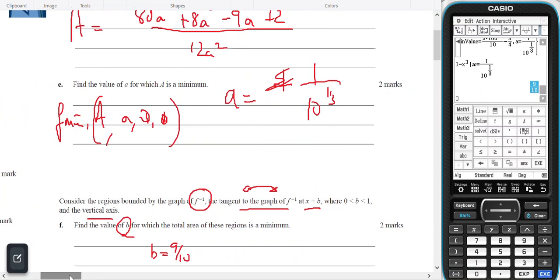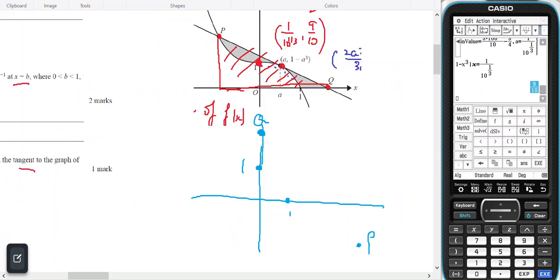So if I'm going to do the tangent to the graph and the vertical axis, let's think about this.